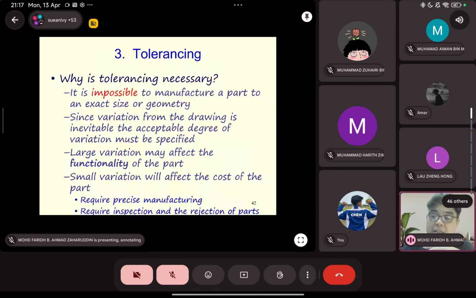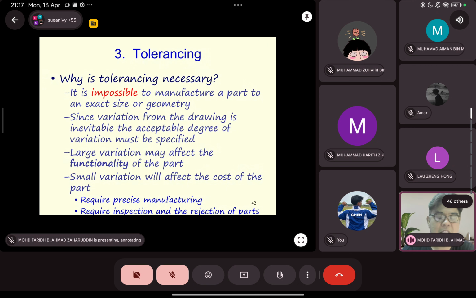So as we know, tolerance is very important because it's impossible for a manufacturer to fabricate following the exact size. This must be known. And a large variation may affect the functionality of the parts.